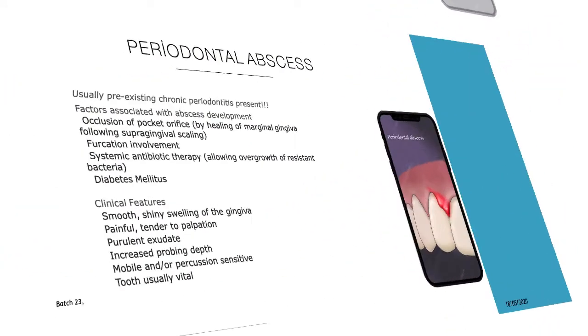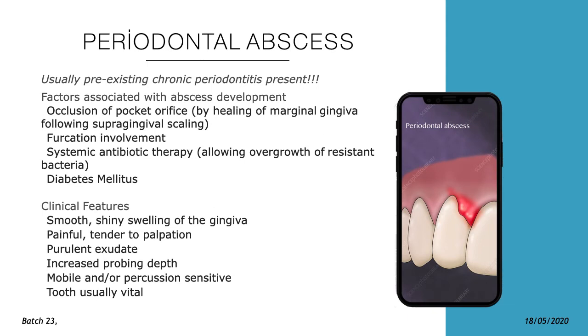Next is periodontal abscess. Usually there will be a pre-existing chronic periodontal disease with a pocket. One of the factors associated with abscess development is occlusion of the pocket orifice, where the coronal part of the pocket has been occluded, so the bacteria stay in that place for a longer time and induce abscess formation.